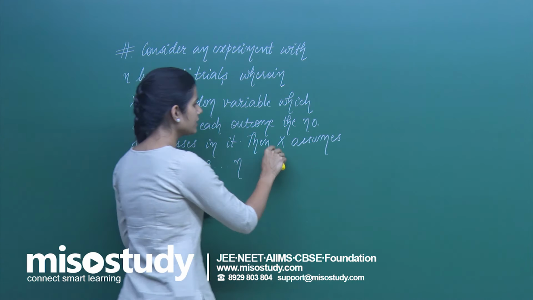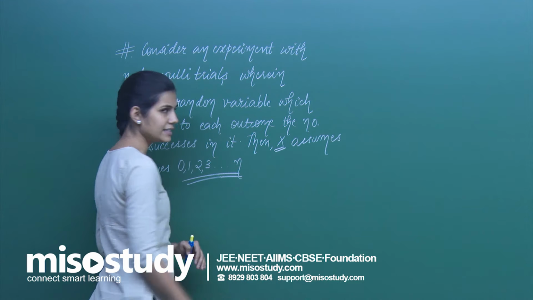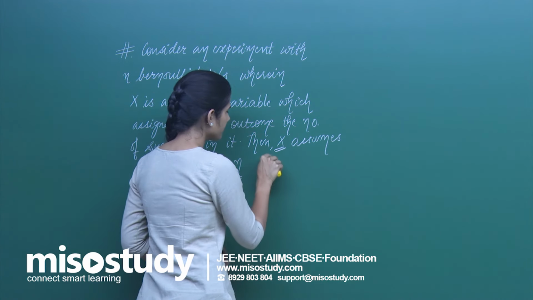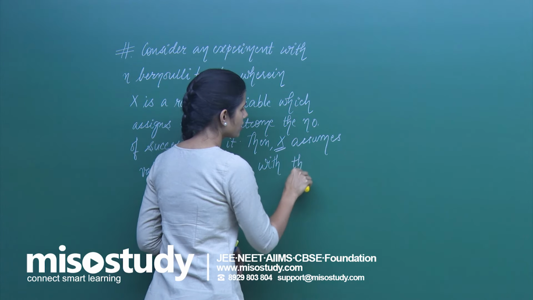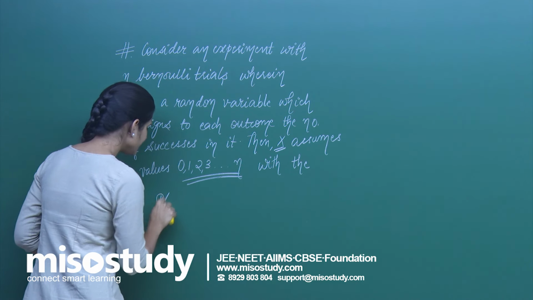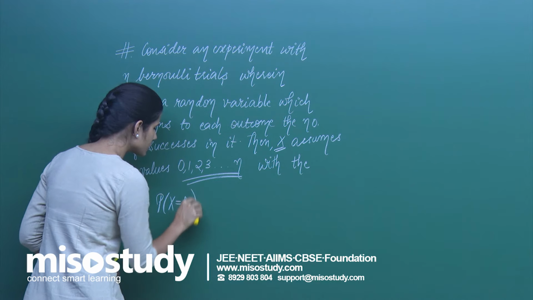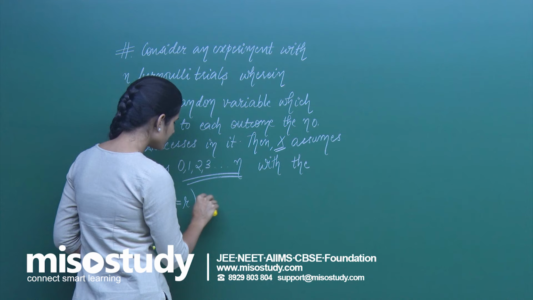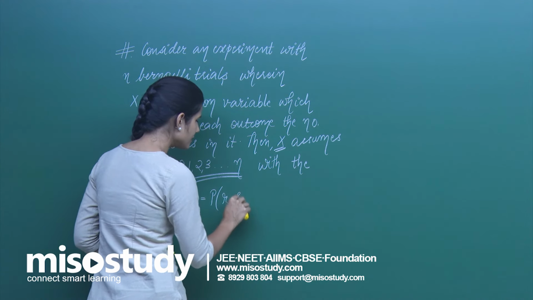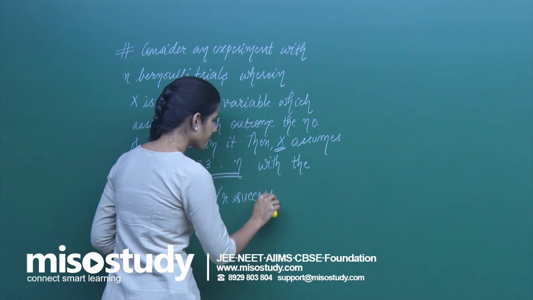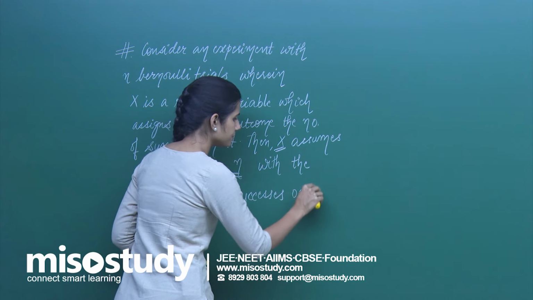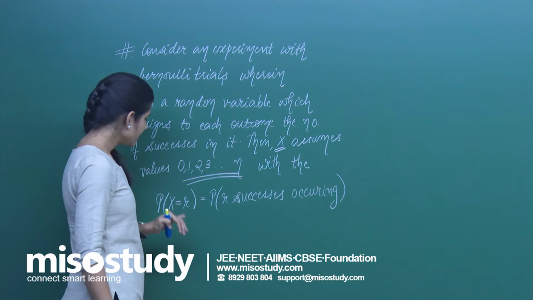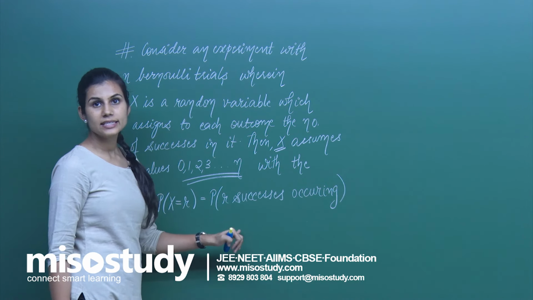The moment I have got the values which X can take, I am only concerned with the respective probabilities. With the probability of X being equal to small r, where r is any one of these numbers, this is representing the probability of r successes occurring. What is the probability that the number of successes is r?